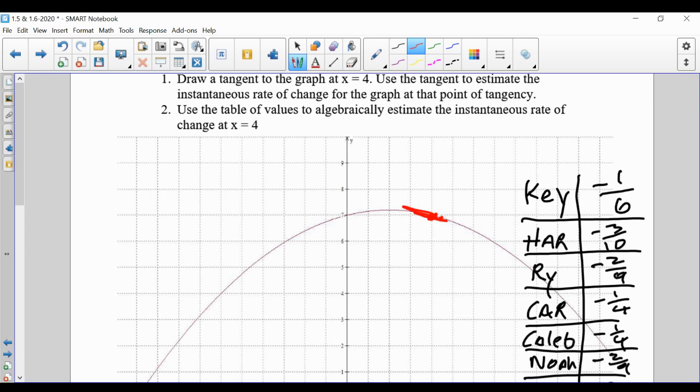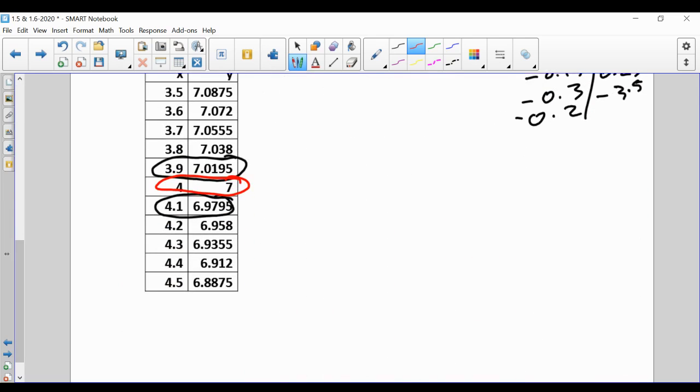Then that might give me a reasonable slope. So that's what we're going to do right now. We're going to use a point on either side, either the one that's just above or the one that's just below. I'll use the one that's just above it, the 4.1, which is 6.97, whatever it is. I'm going to use that as my comparison point. So we're going to find a slope between both of these 2 points here. And what we're really aiming for is the IROC at 4. So here's what I'm going to do.